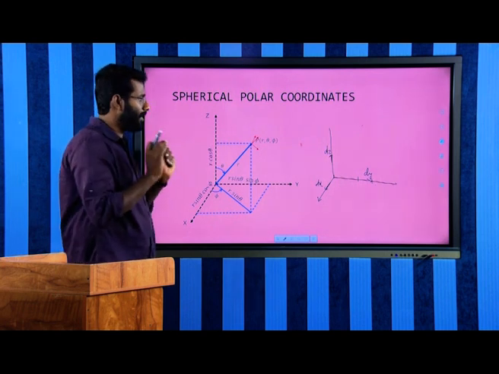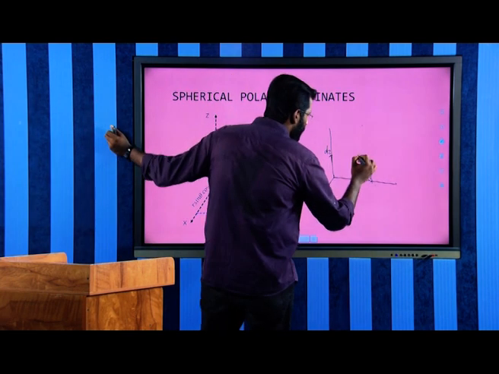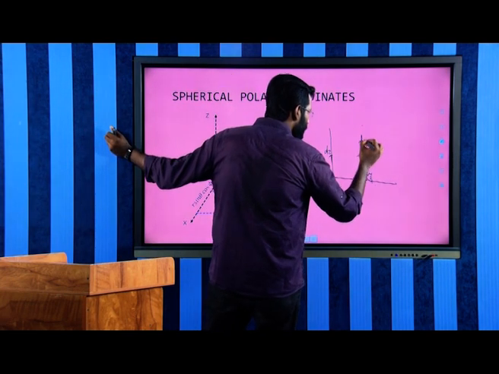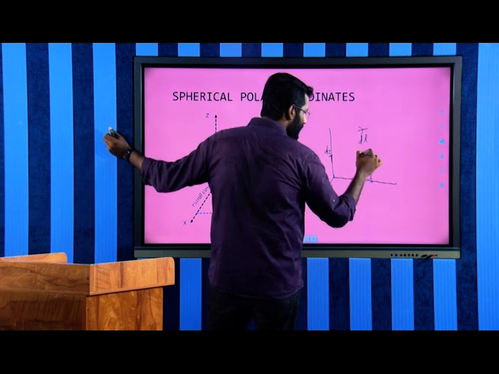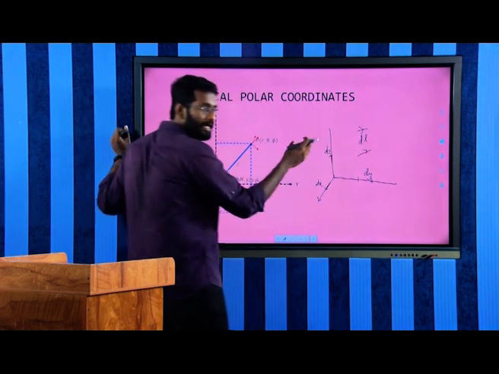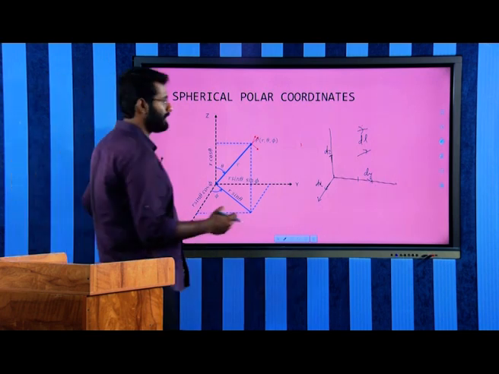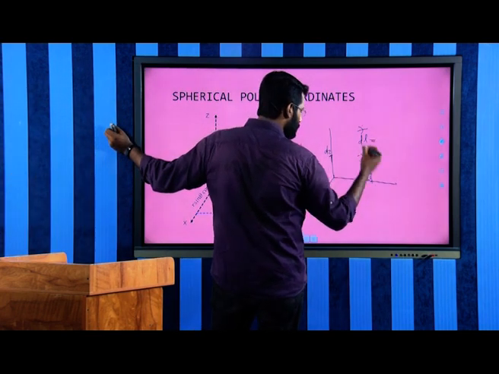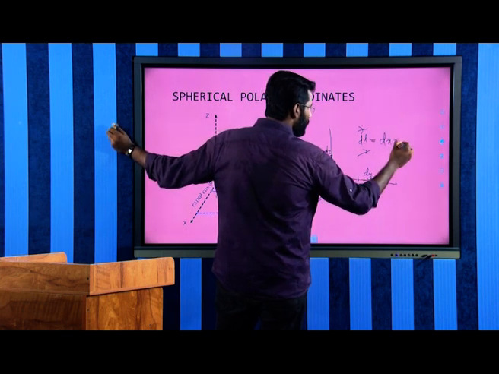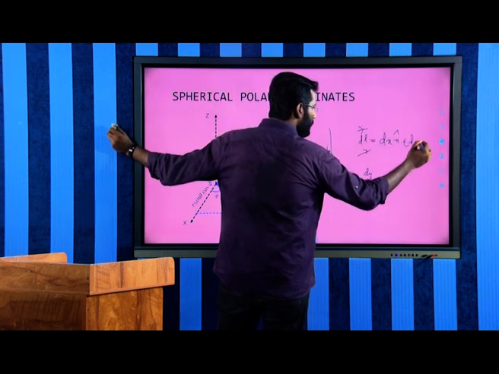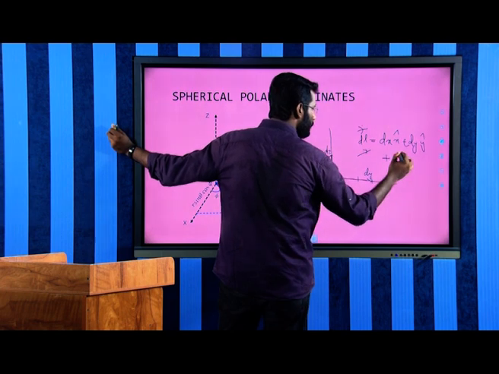That will correspond to a line element dl, which can be decomposed into dx times x cap plus dy times y cap plus dz times z cap.